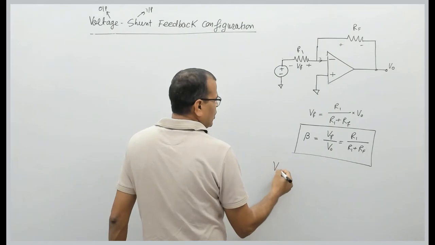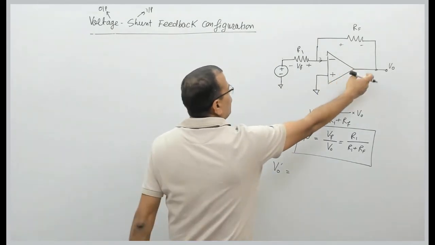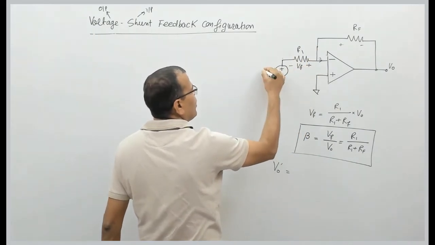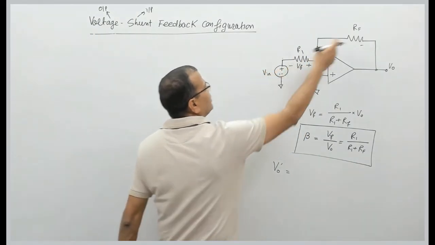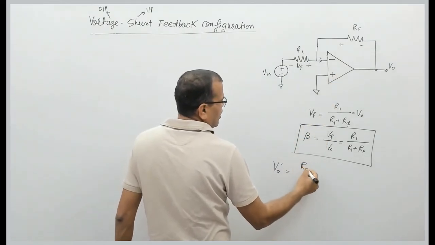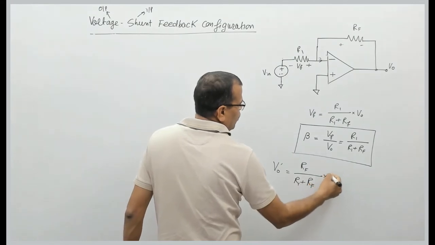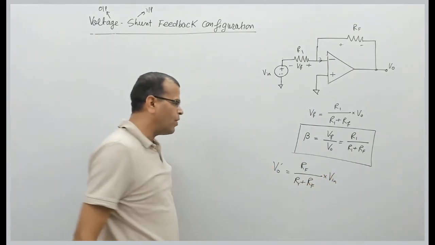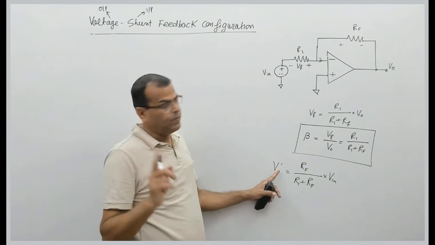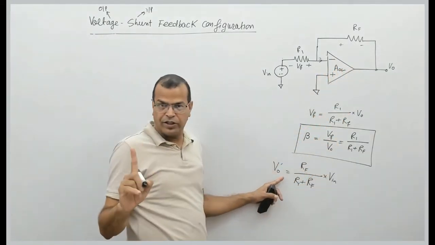So V0 directly reaching at the output, or we can say V0 because of the direct component reaching at the output, which is the voltage across RF, will be RF by R1 plus RF into V in. This is the component of output. This is not the output because I have not taken the gain of the amplifier into consideration.